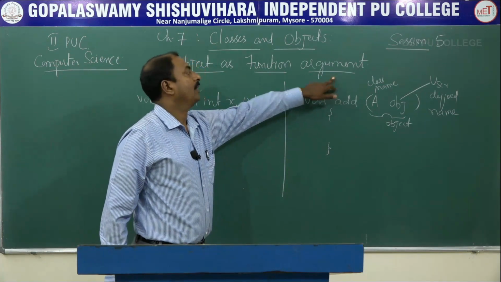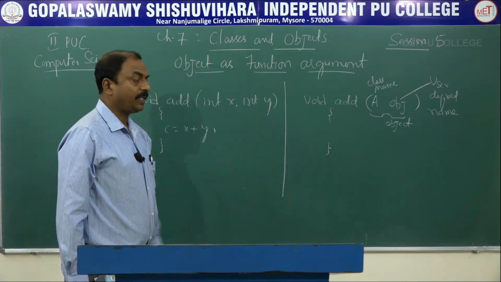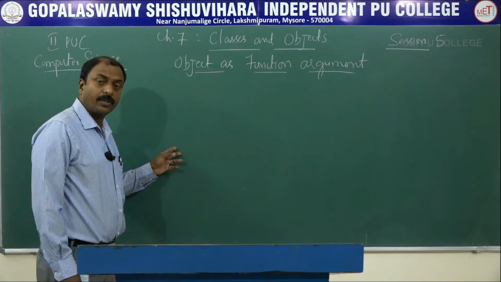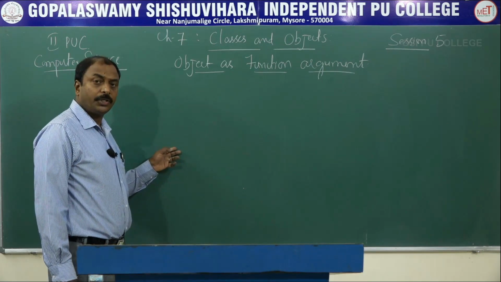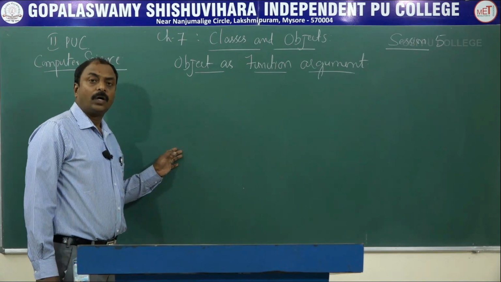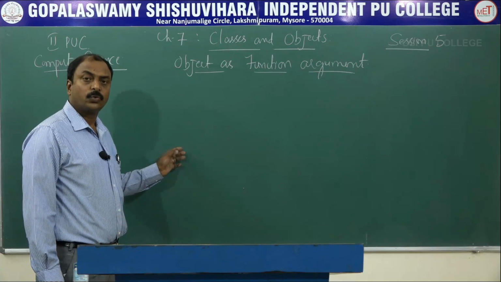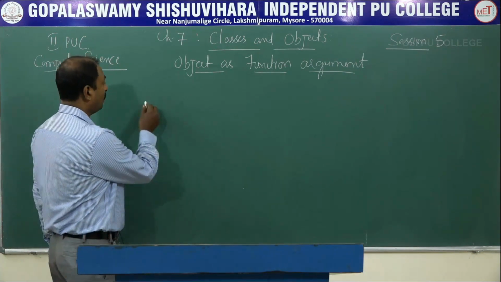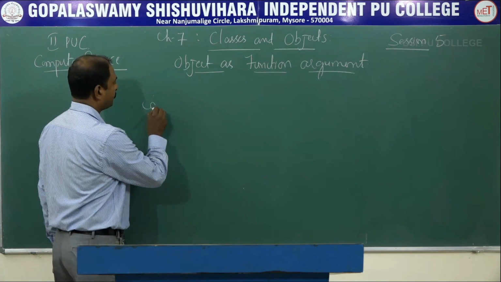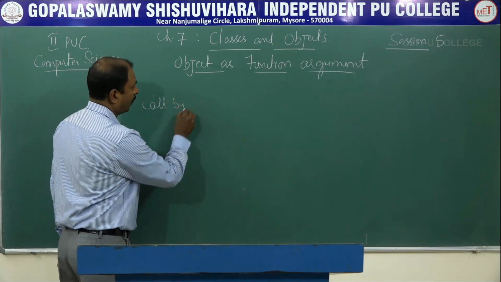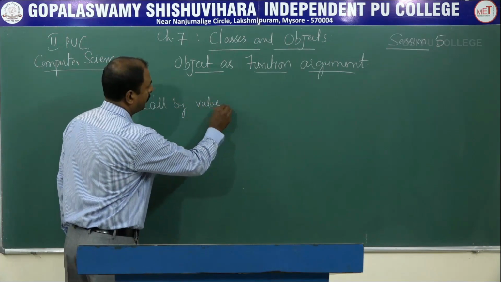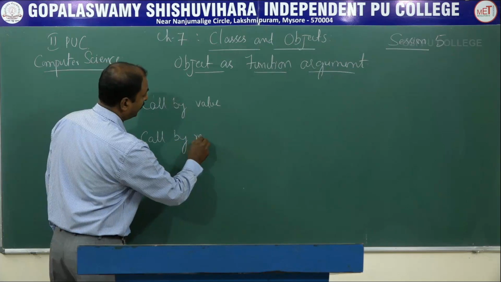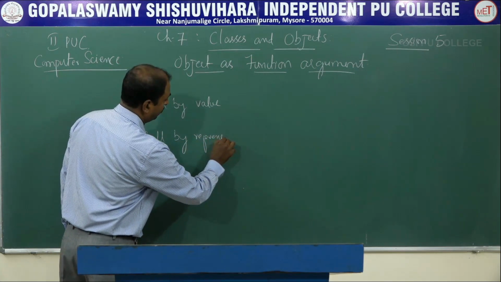Now let me explain the same concept with one simple example. Students, last year in first year PUC you already learned how to invoke a function. There are two methods of invoking a function in a program: one is call by value method, and the second one is call by reference method.